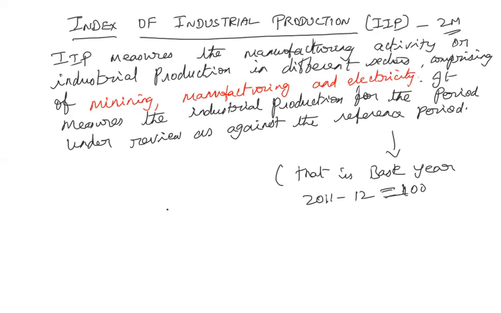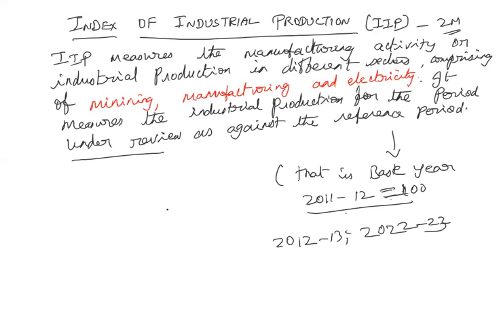Based on this base year, the reference period, if you are calculating the industrial production of the country, say, for 2012-13 or 2022-23, then you are calculating the industrial production as against this reference period.